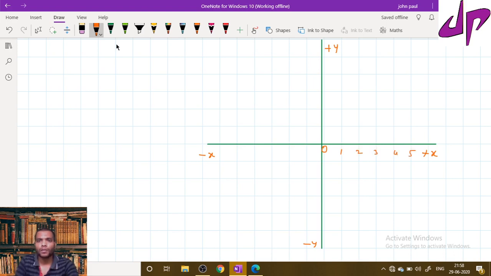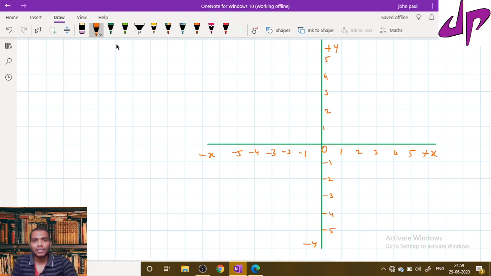To the left side, we take -1, -2, -3, -4, -5 and so on. Similarly, on the top we take positive values 1, 2, 3, 4, 5, and downward we take negative values -1, -2, -3, -4, -5 and so on.